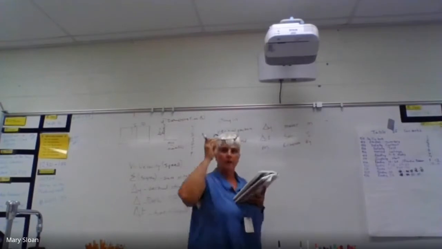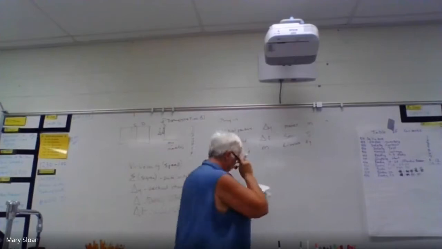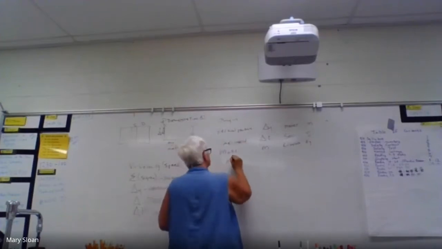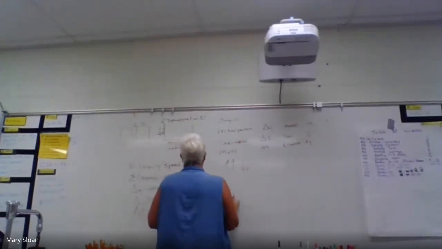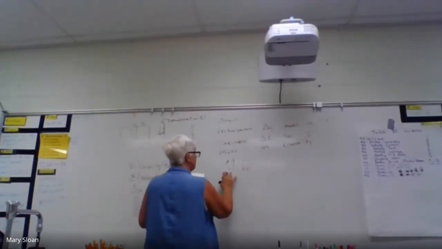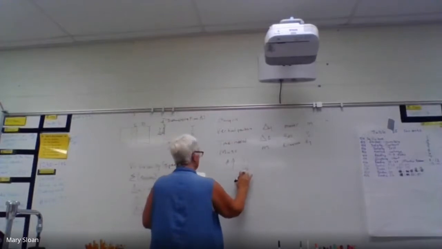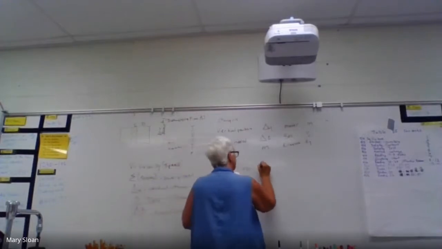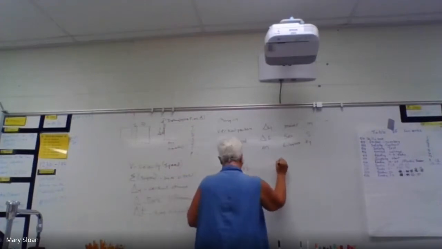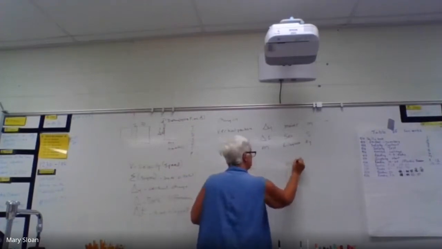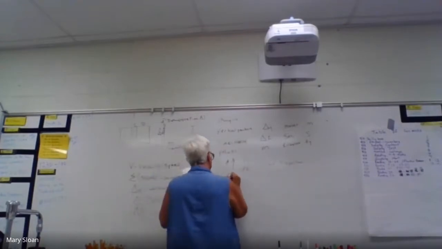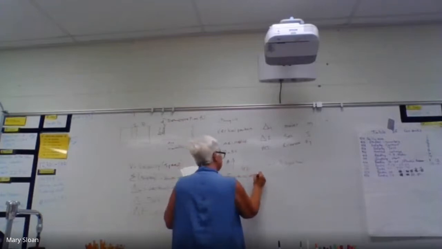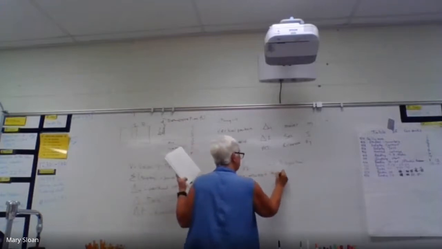Okay, so when we're talking about a graph, if what goes up, the other variable goes up, or what goes down, the other goes down, so your independent and dependent variable are both increasing or both decreasing, that is known as direct proportional. Most of the time, that's going to be force equals mass times acceleration.